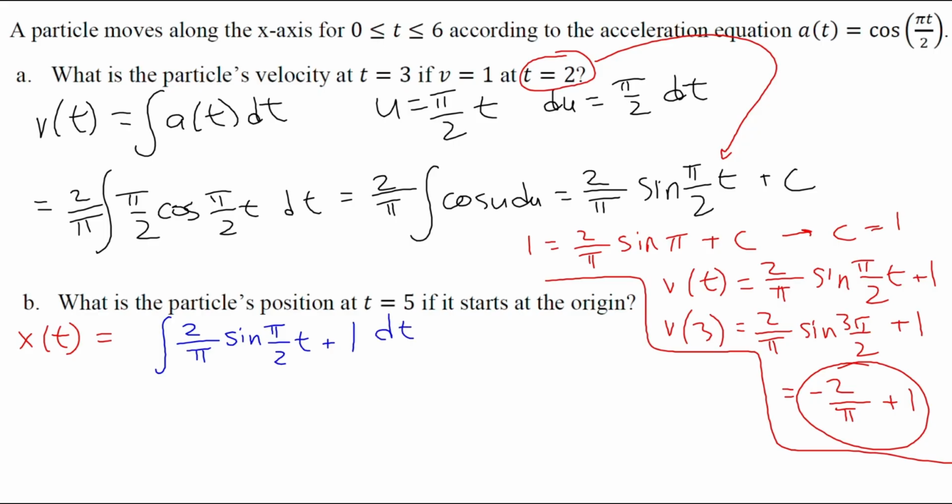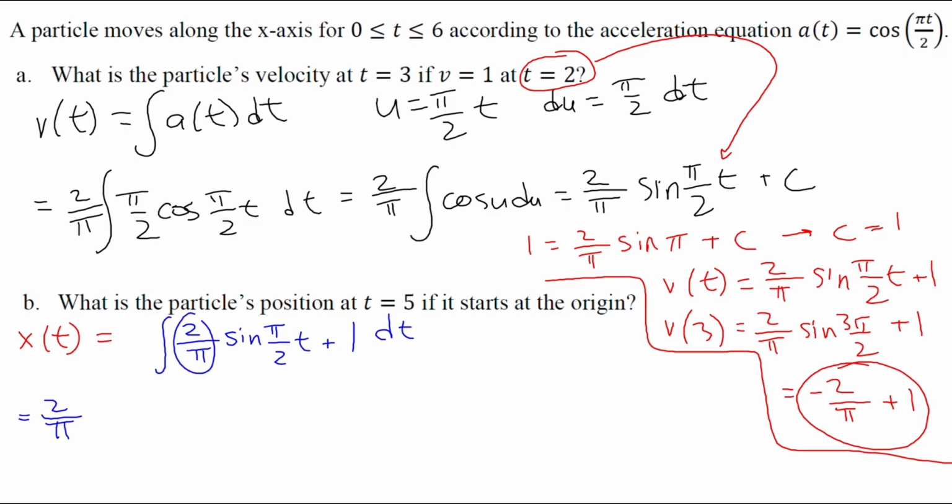dt. And so in order to integrate that, we kind of need to do the same sort of u substitution there. But this time, I think we understand that if the u substitution is going to be for the pi over 2 times t, then we're going to have to put a pi over 2 inside and another 2 over pi on the outside in order to integrate this. So when we write it out, we'll have the 2 over pi that's on the outside.